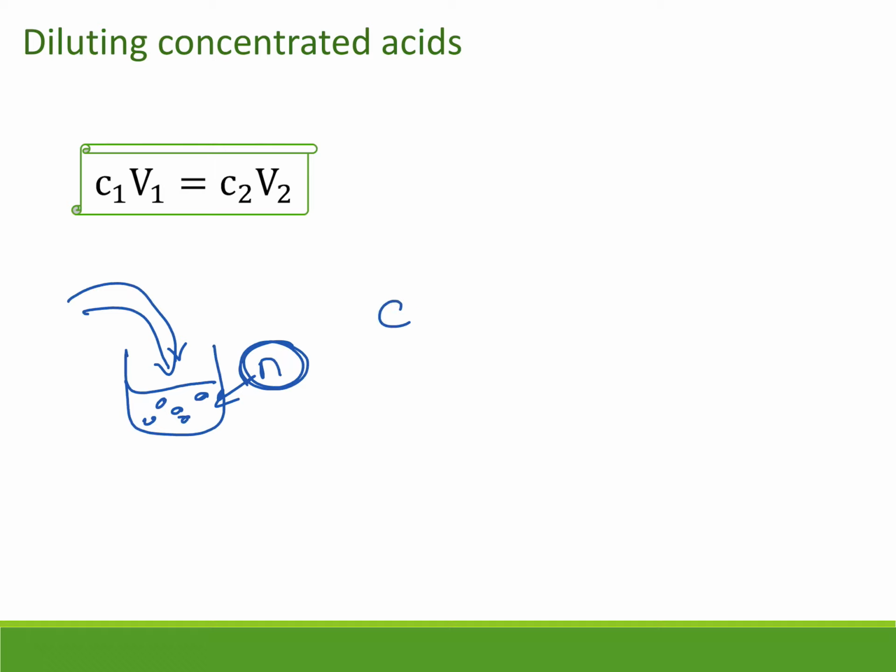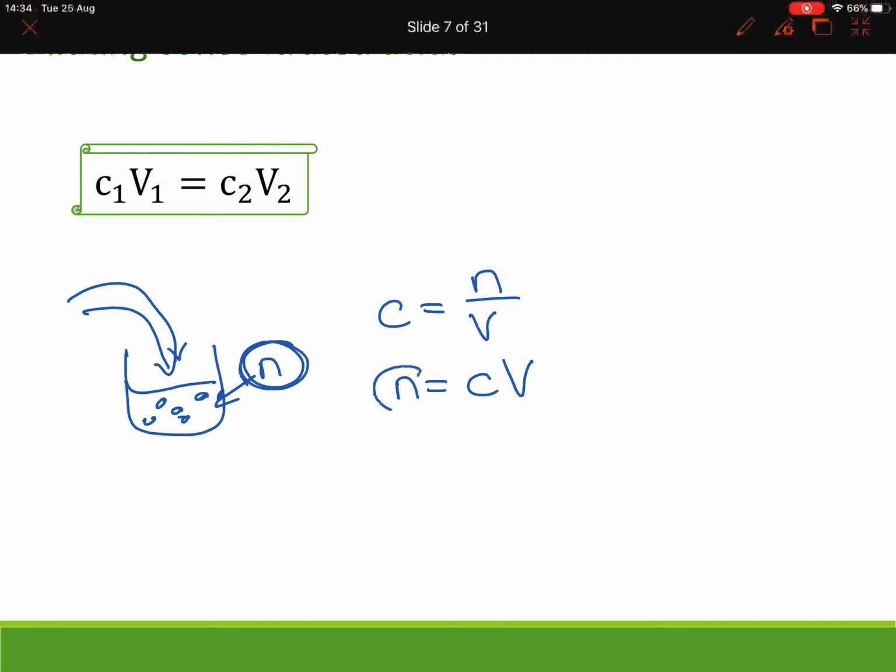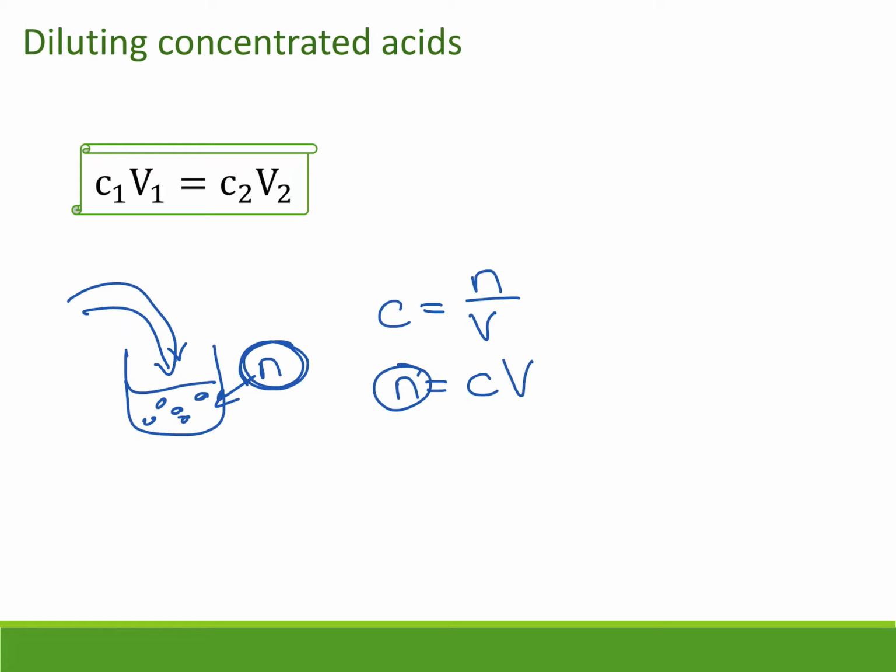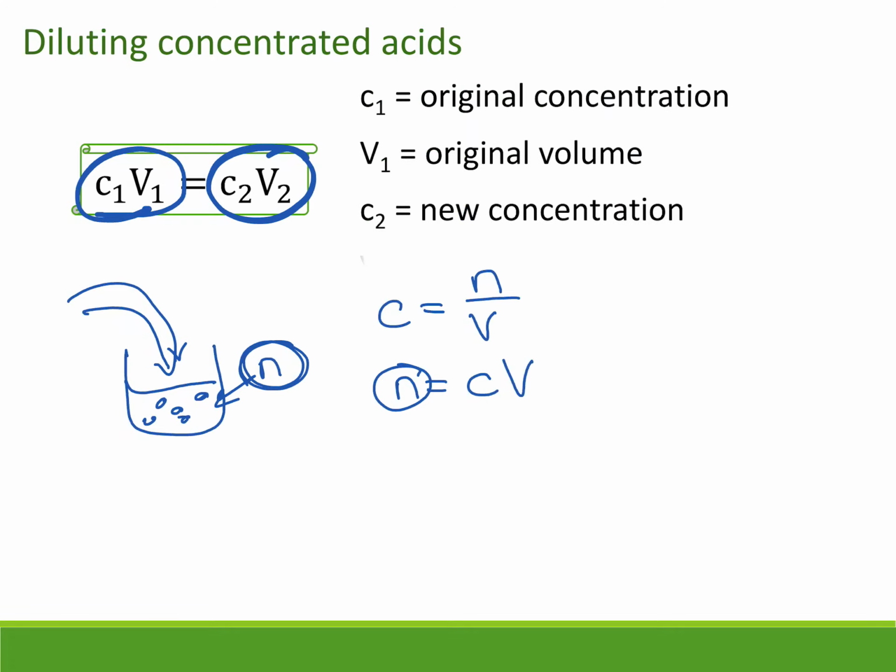We know that concentration is number of moles over volume. So if number of moles is concentration times volume, number of moles stays the same. So whether I have the original concentration and volume or I have the second concentration and volume, the number of moles in both of those solutions is the same. So it's nice and straightforward.